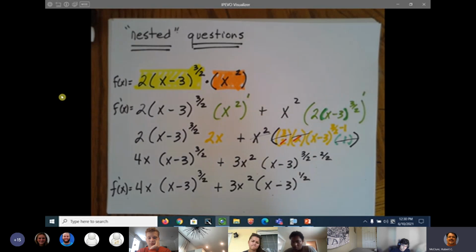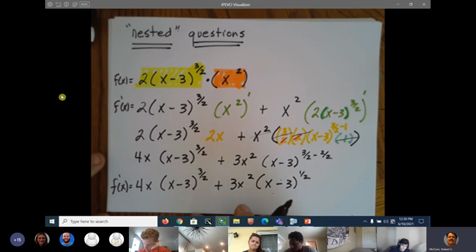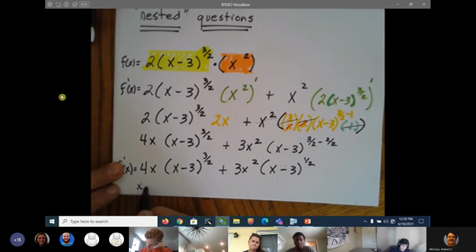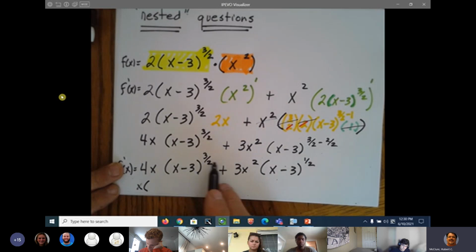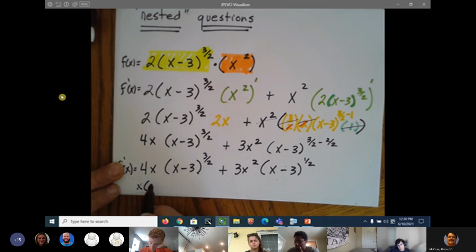So I'm just going to remind you how to do that. And I'm going to factor out an x, and the lowest exponent is 1/2. So that's what you always factor out, your lowest exponent. So that's going to be x minus 3 to the 1/2.